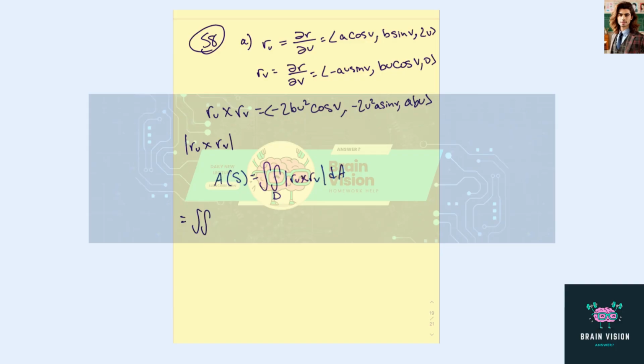In this case, since we know u is from 0 to 2 and v is from 0 to 2 pi, what we'll end up having is 4b squared u squared cosine squared v plus 4a squared u squared sine squared v plus a squared b squared, dv du.